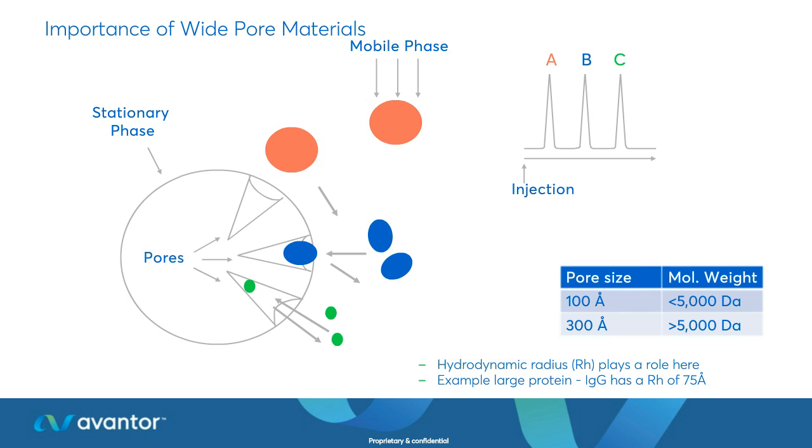So not every manufacturer will have the same size pore, and they won't all have the same shape pore. So even if it does work on one 300 angstrom column, it might not work on another 300 angstrom column. So do consider looking at different columns when you're doing your method development.